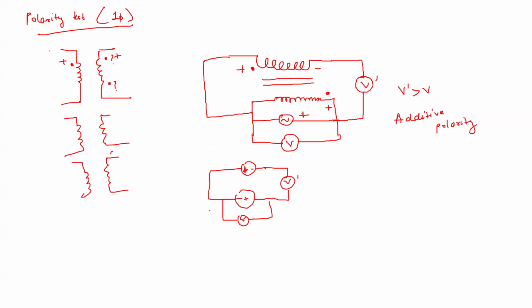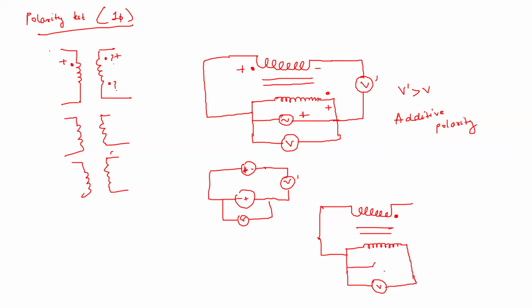Similarly, for the subtractive polarity, something like this will happen. Suppose you have a dot here. Now you have a voltmeter, then you have an AC source.